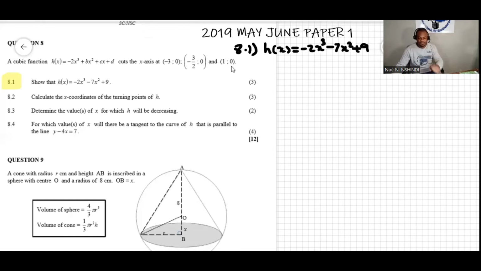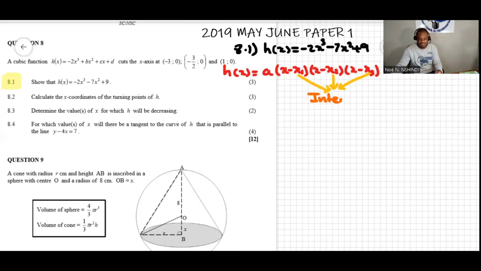So, we can write h of x in terms of its intercept form, which is a open bracket x minus x1 close bracket, open bracket x minus x2 close bracket, and then open bracket x minus x3 close bracket, where x1, x2, and then x3 are all intercepts.